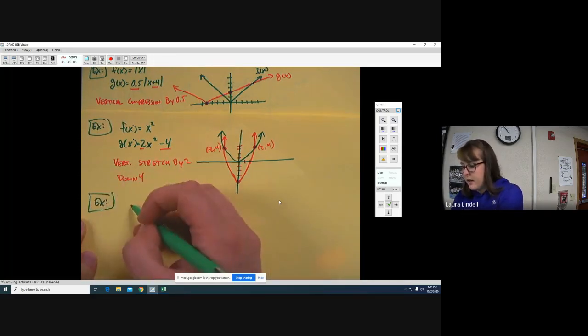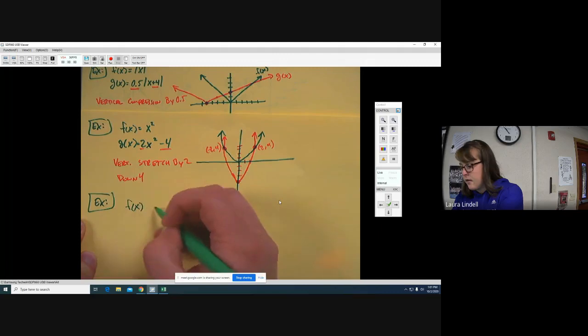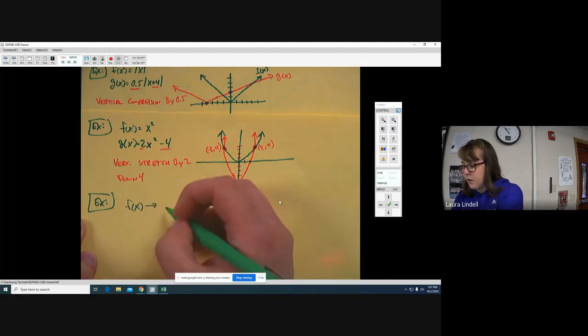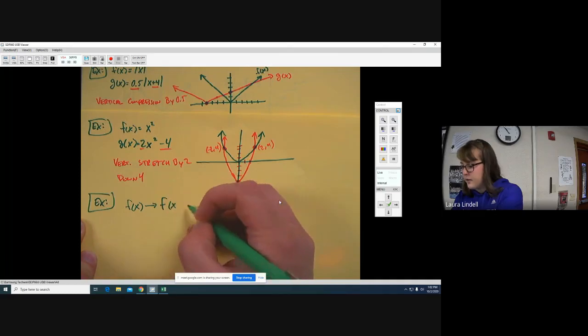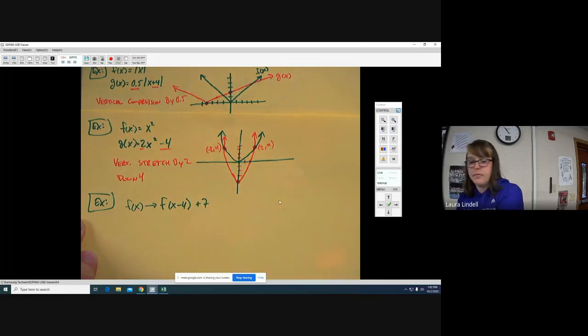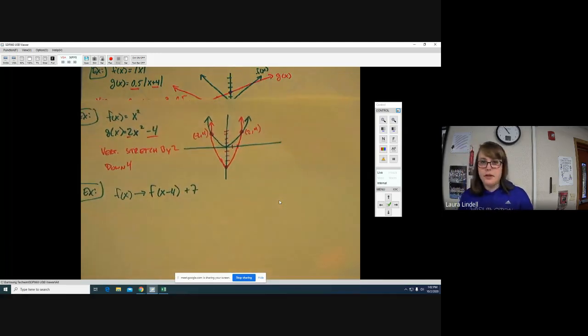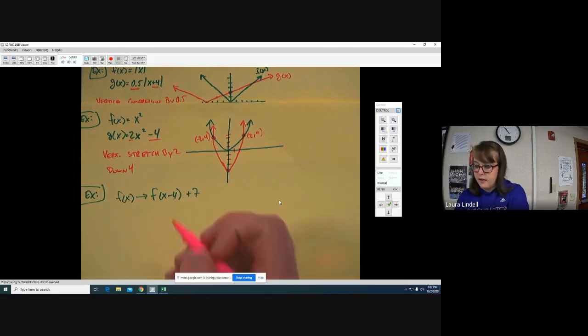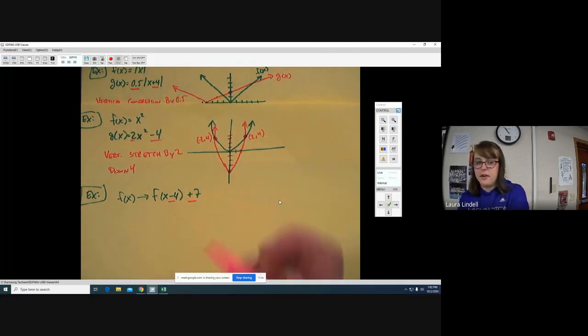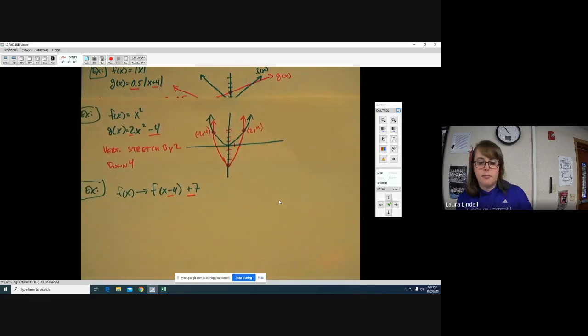So if I say f of x is being transformed, and it's happening like we'll go x, we want to be able to read those instructions to tell us what is happening to the function. So what do we think is happening to this function? We've got two things going on: -4 and +7. What's the -4 and the +7 telling me?